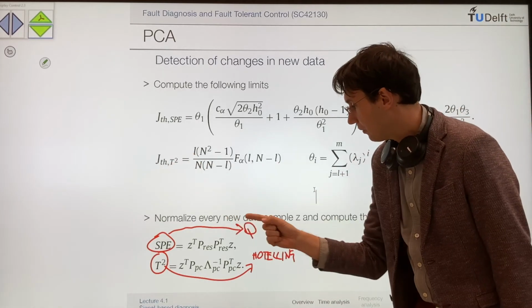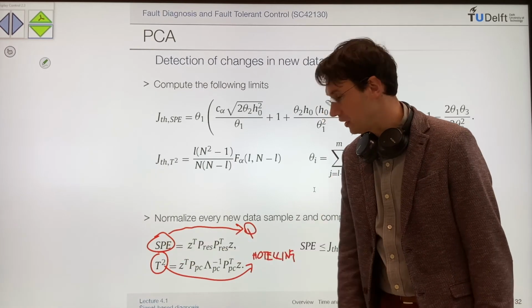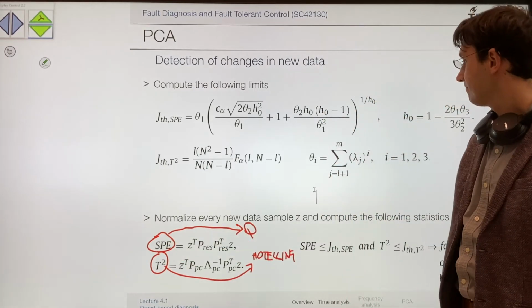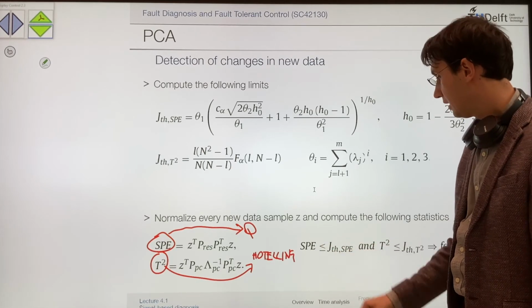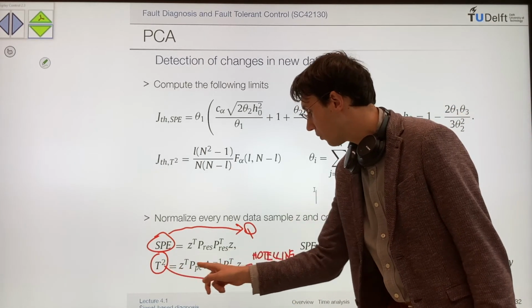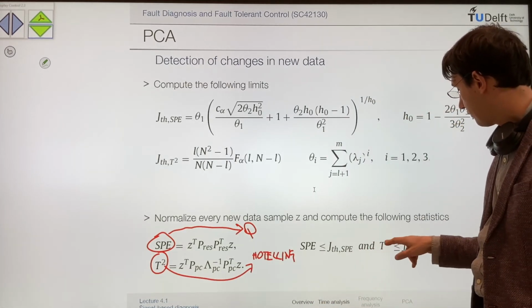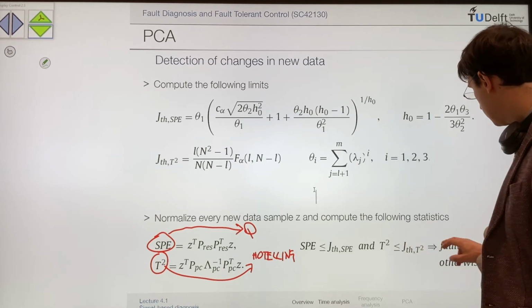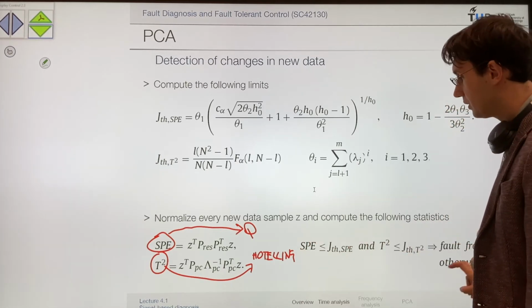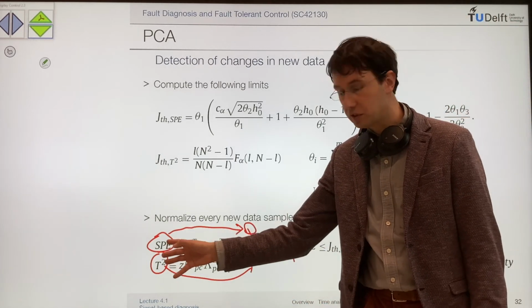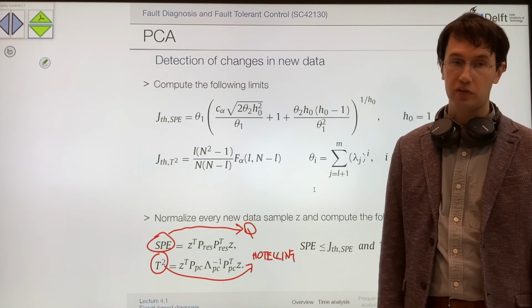So the idea, anyway, for these statistics, you want it to be small, and indeed you compare it to a threshold. And for the t-squared statistic also, you can introduce another threshold such that if your t-squared is less than this, you have no fault. If SPE is less than this, you have no fault.